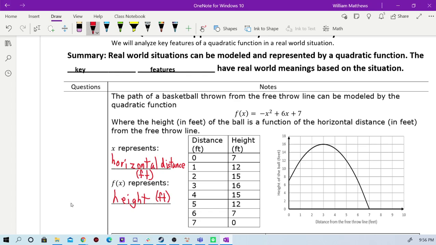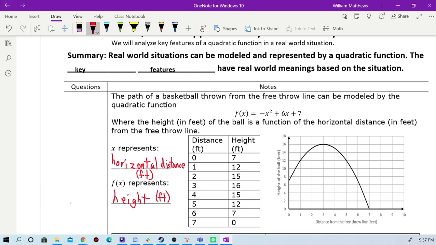For the people who played basketball, you know that you have to create an arc to increase your chance of making the shot. As we get to 3 feet, we reach a height of 16 feet, and from there, our arc starts returning downwards, where at 7 feet away from the free throw line, we are 0 feet high. The ball lands on the ground.